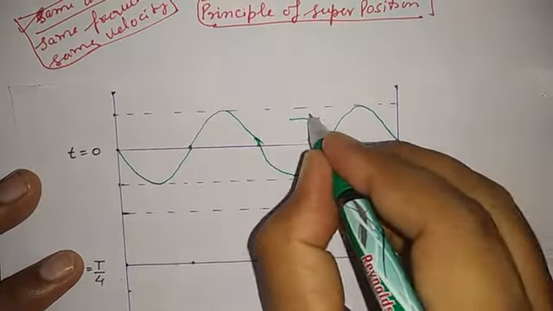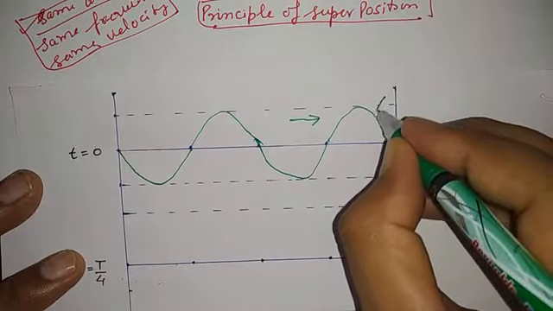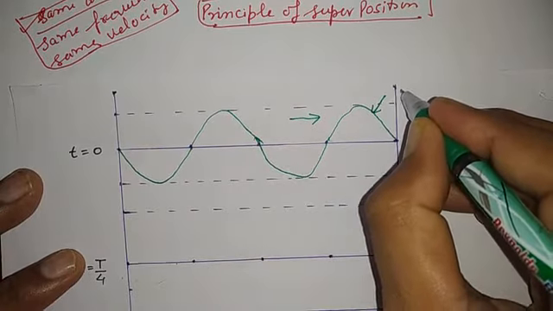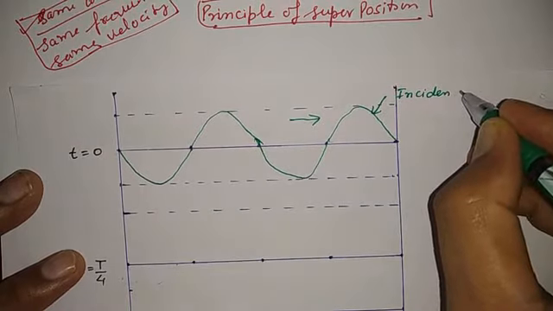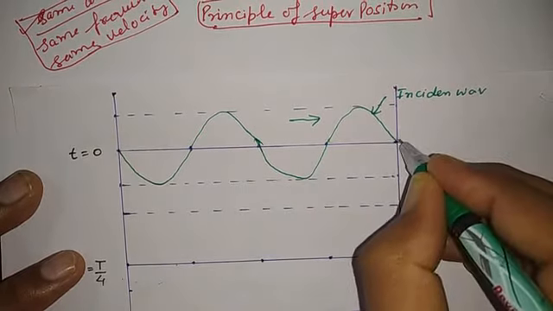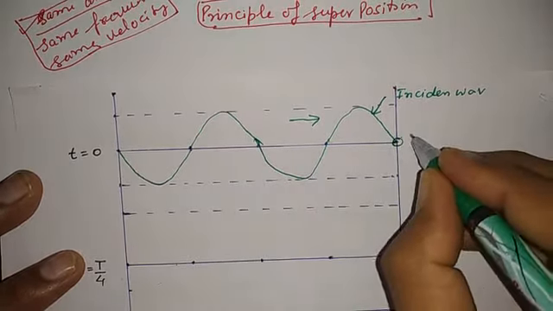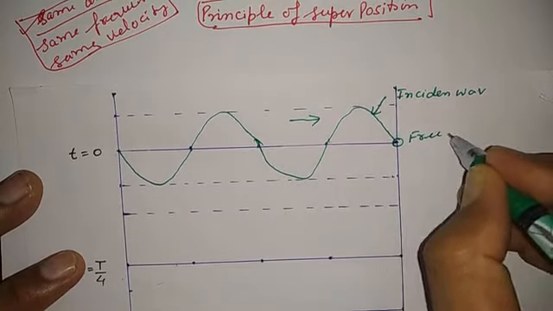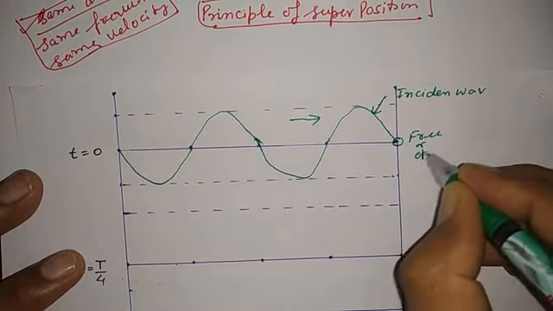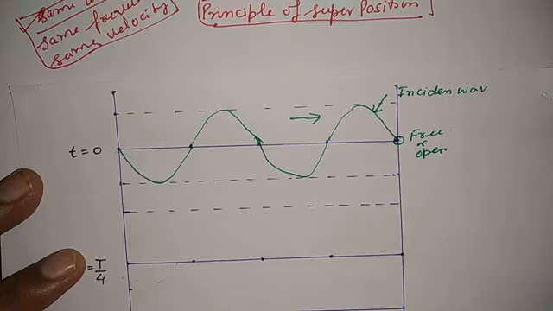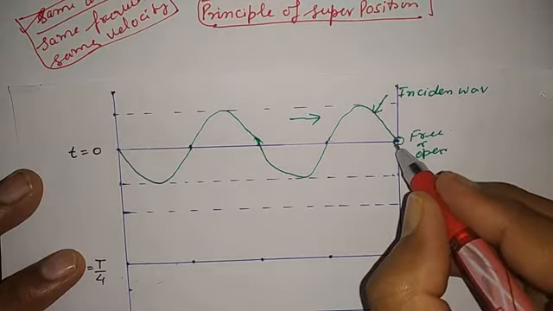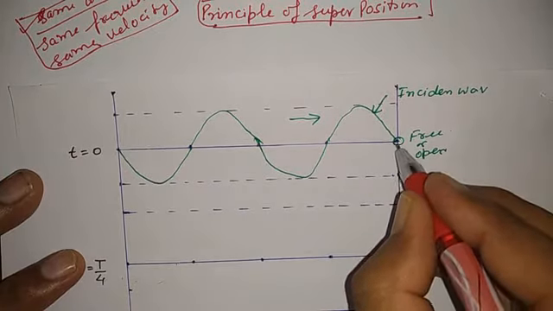This is the incident wave traveling in this direction. The incident wave strikes a free end, or it is called an open end. When it strikes, the reflected wave is given by the red colored dotted line here.